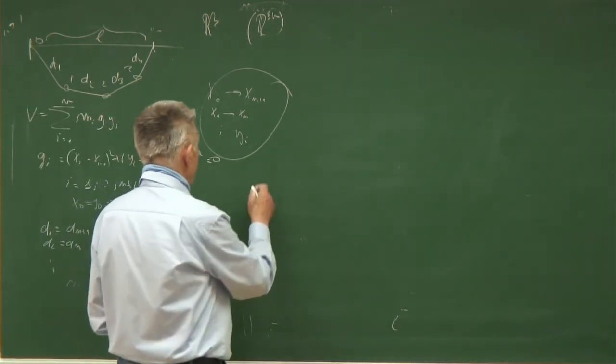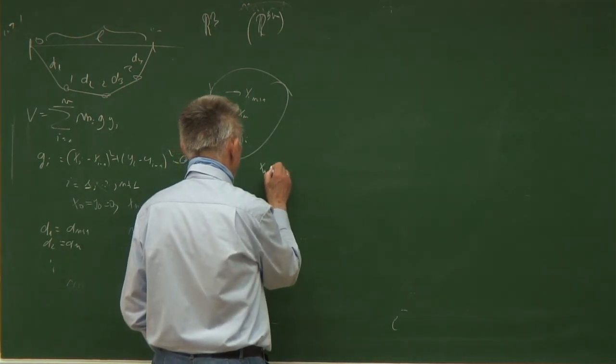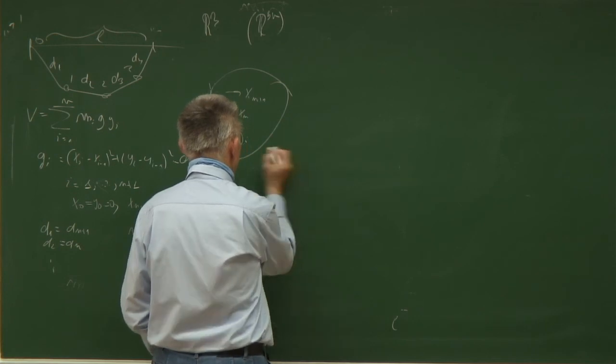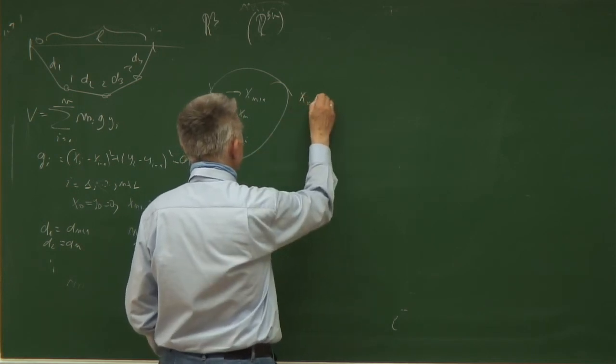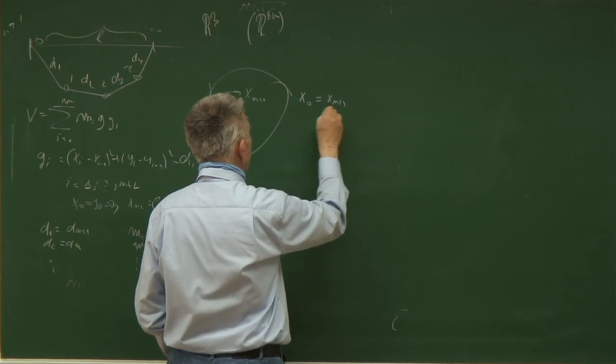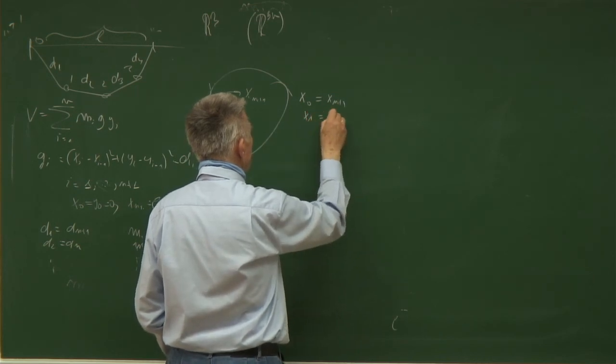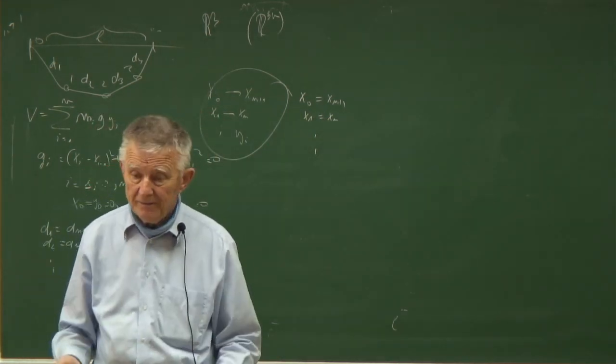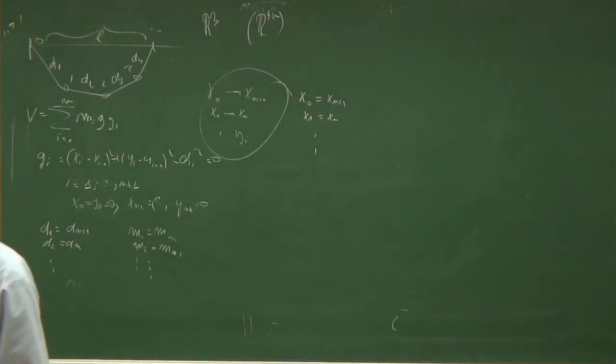So we look for a solution such that x_0 is equal to x_{n+1}, x_1 is equal to x_n, and so on. And the same with the y's. It doesn't mean that we get this way our minimum. We get in this way the minimum among all symmetric positions.